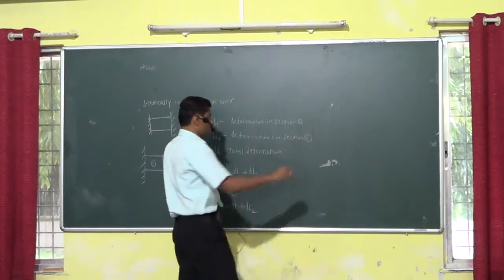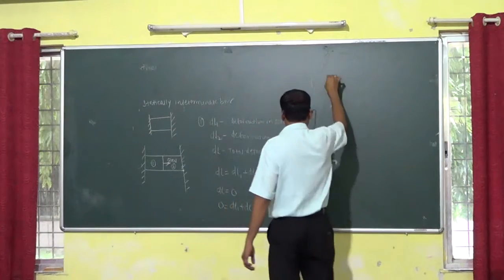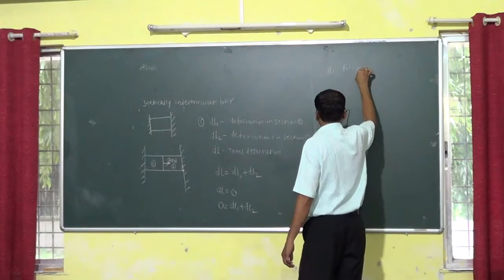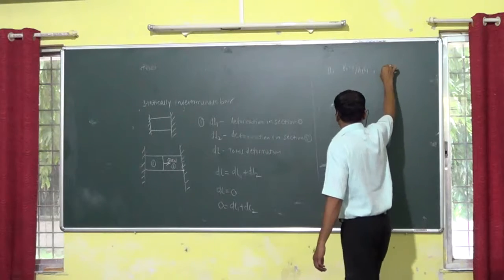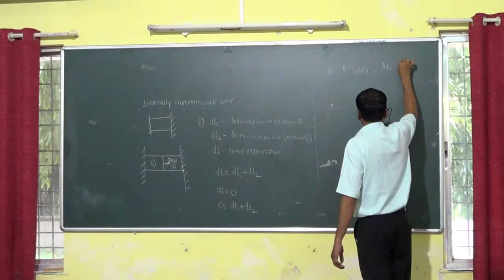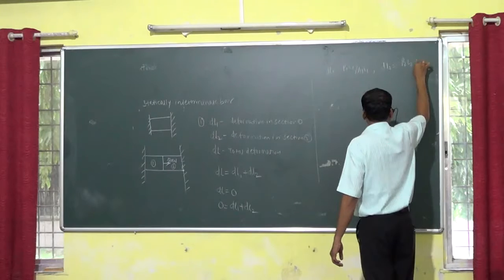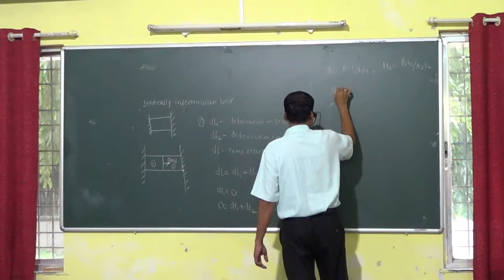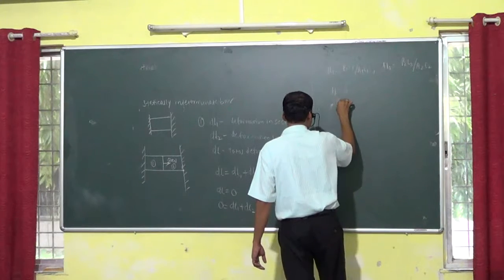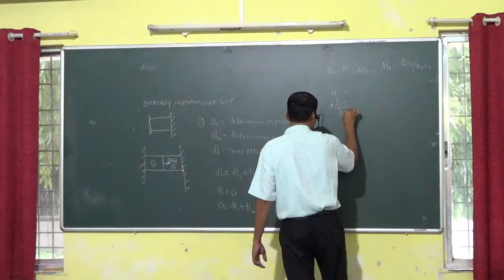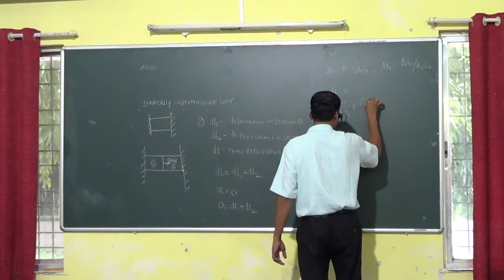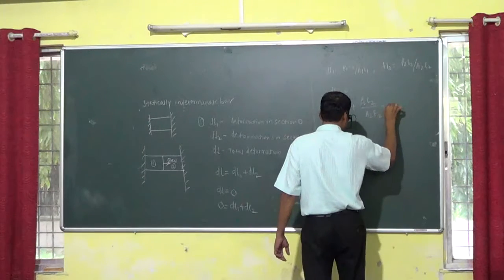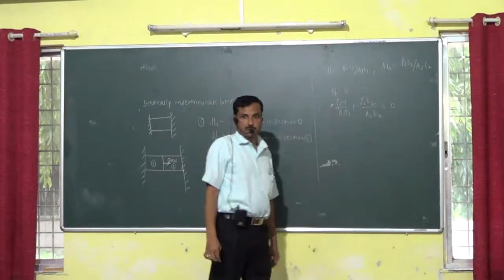With its usual notations, if we are considering dl1 is equal to p1l1 upon a1e1 and dl2 is equal to p2l2 upon a2e2, then dl is equal to 0. That's why p1l1 upon a1e1 plus p2l2 upon a2e2 is considered to be equal to 0.